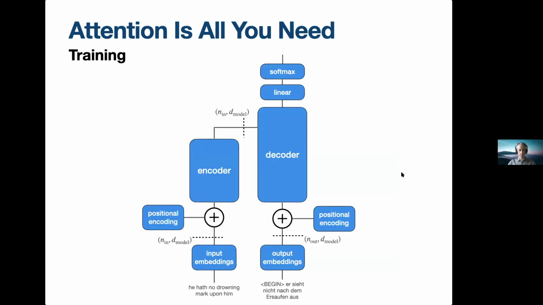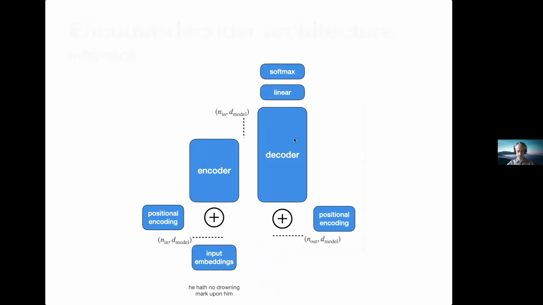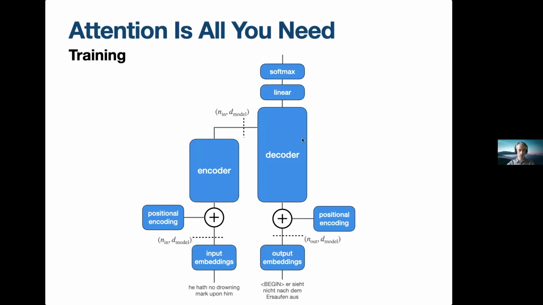Okay, then the final step when we're producing output from the model is, of course, we need to go from our vectors. So here, here, and here, and here, we have vectors of dimension d model. So here we're going to have an output of length n out, which has d model dimensions, and that has to be converted into actual words.